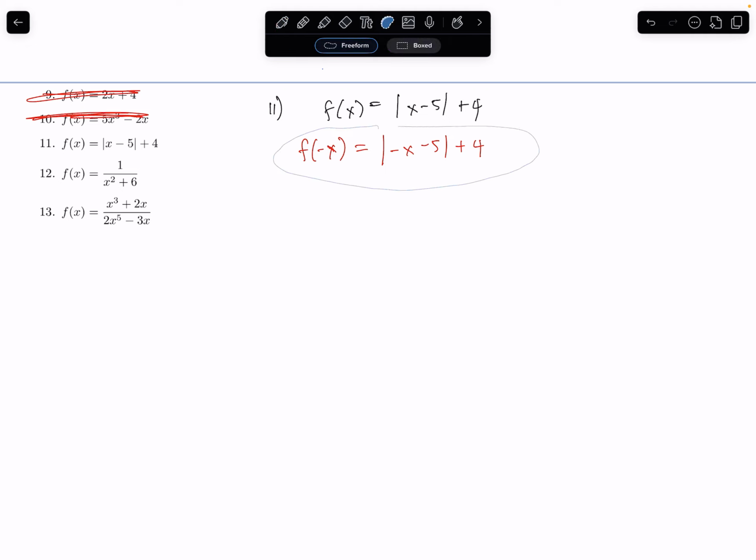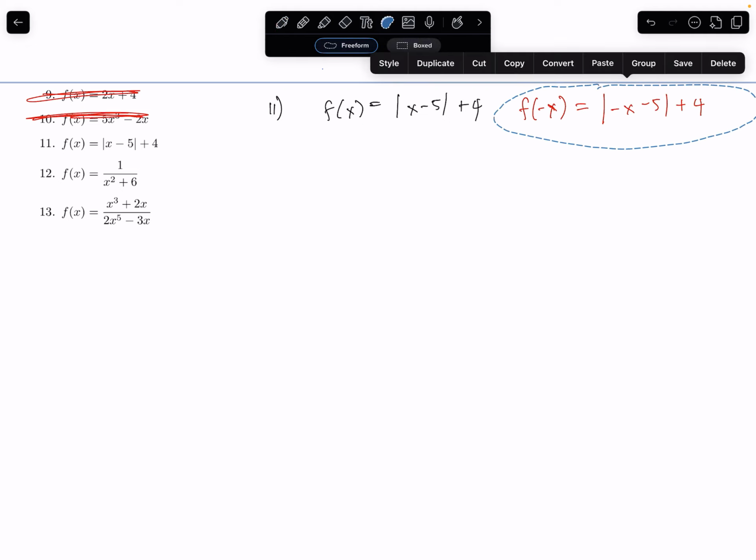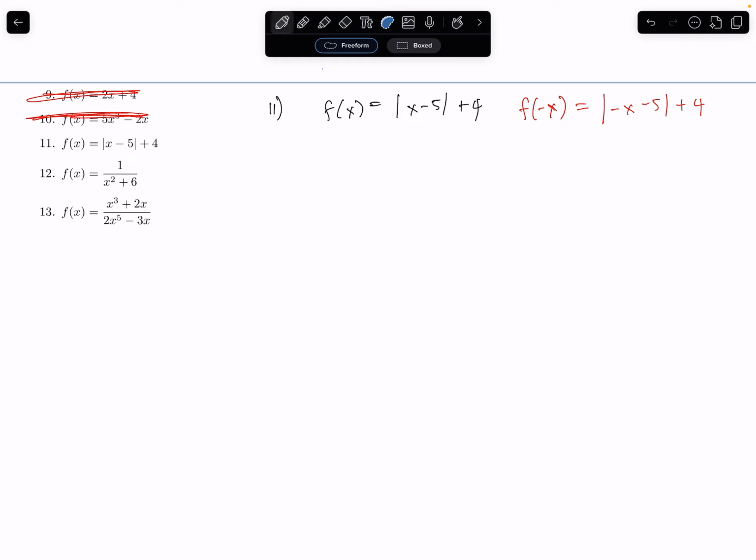So how do we deal with absolute values? The way that we deal with absolute values is we think of them as two cases. If this inside thing is positive, then it's going to be the original value. But if this inside thing is negative, then you take the opposite of it to make it positive overall.